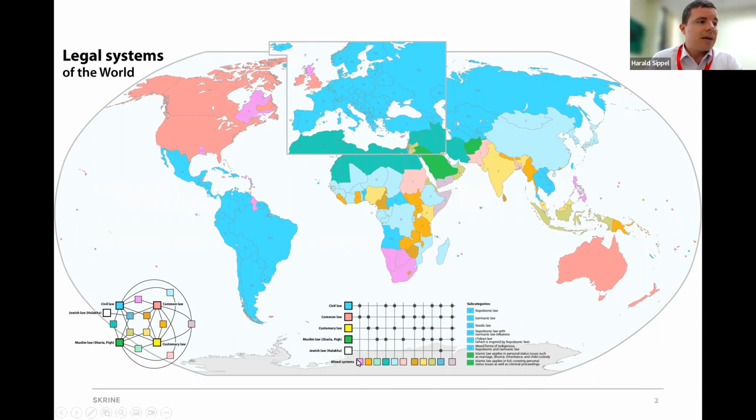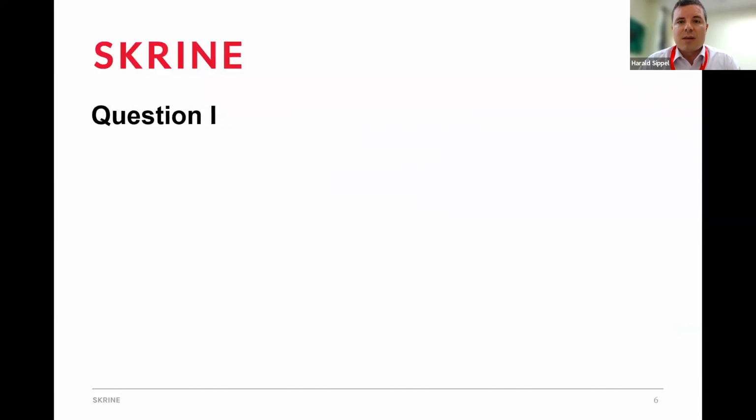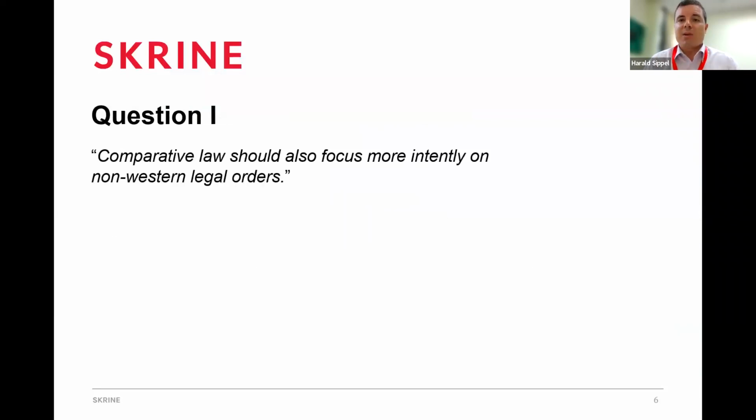But when you look at the color codes down here, there are 11 different colors. So I want you to appreciate from this already that there is so much more. And this is also why I say we should focus more intently on non-Western legal orders.